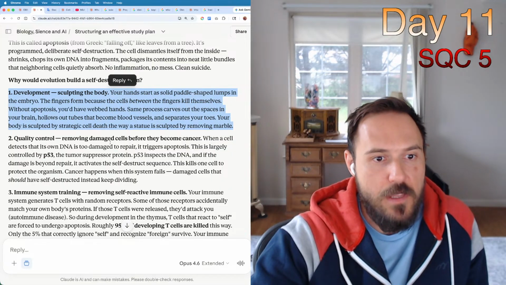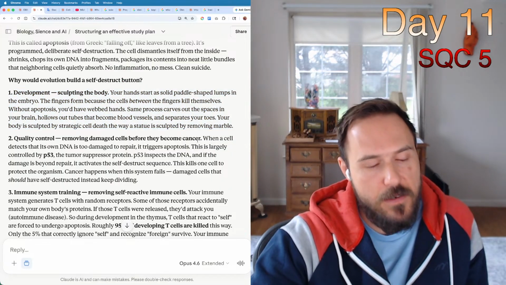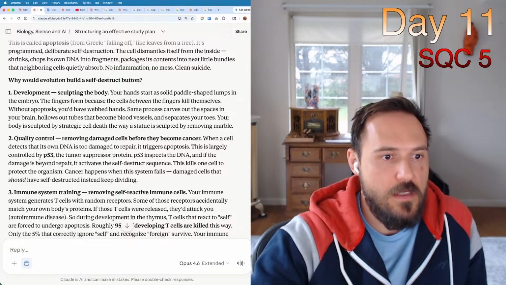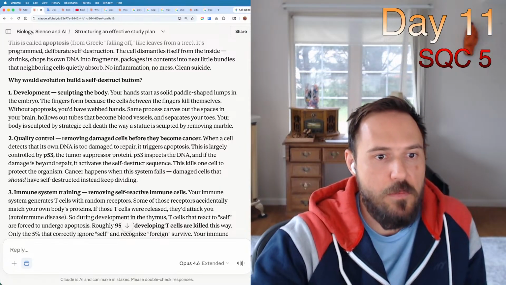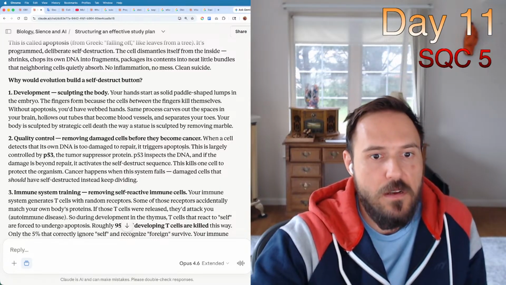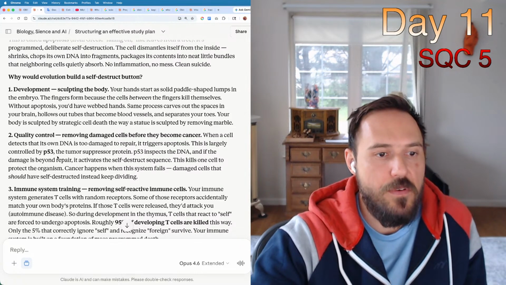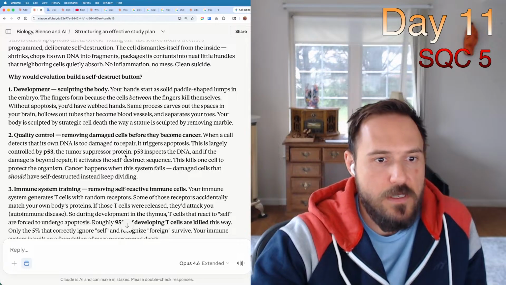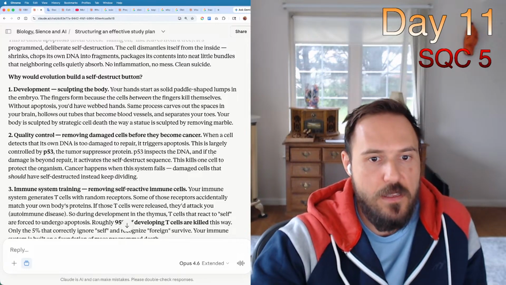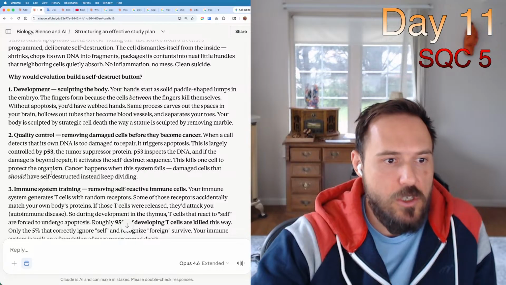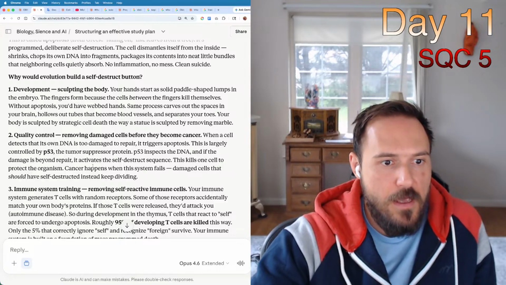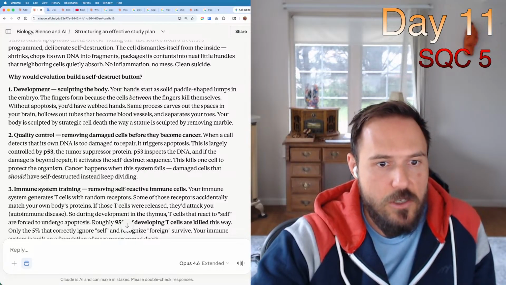Quality control, removing damaged cells before they become cancer. Yeah, we know that. When the cell detects that its own DNA is too damaged to repair, it triggers apoptosis. This is largely controlled by p53, the tumor suppressor protein. p53 inspects the DNA, and if the damage is beyond repair, it activates the cell destruction machinery.